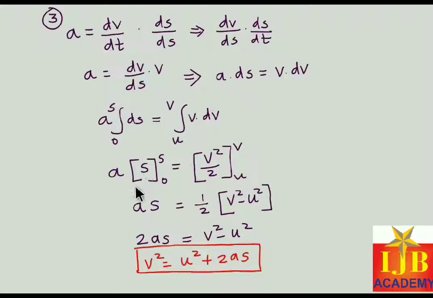Integrating ds will give me s, and on the RHS integrating v dv, again in that same x dx format, becomes v squared by 2, with upper limit v and lower limit u. Substituting, as is equal to half into v squared minus u squared, and simply rearranging I get the equation v squared is equal to u squared plus 2as.